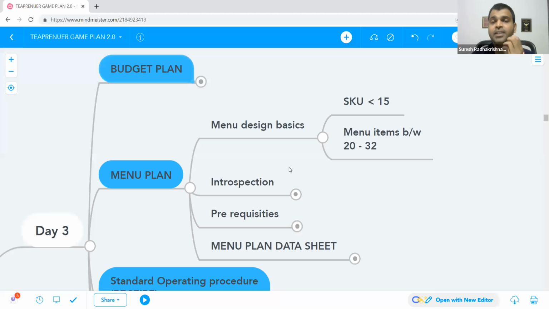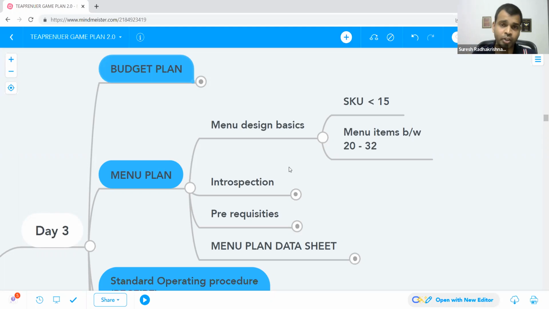Okay, which means before you design a menu item, make sure that your SKU doesn't cross 15. Why is it so? There's a very, very strong reason to it. If your SKU crosses 15, you will do a lot of wastage with respect to food preparation.